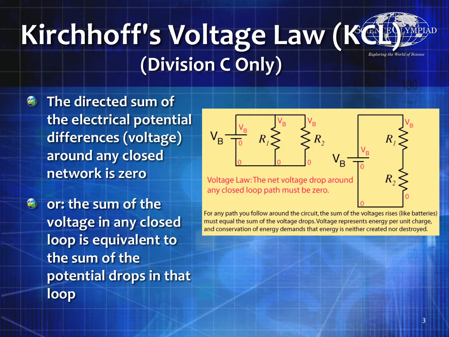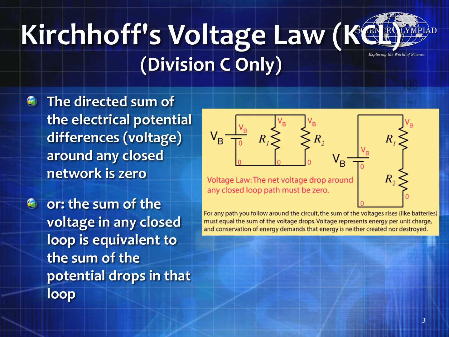I go through the voltage of the battery around through R2 and back, and so VB is also equal to the voltage of R2. Or I could do the loop of just the resistors, going from the 0 underneath R1 up, and that tells me that the voltage of R1 is equal to the voltage of R2, and they're all equal to VB.